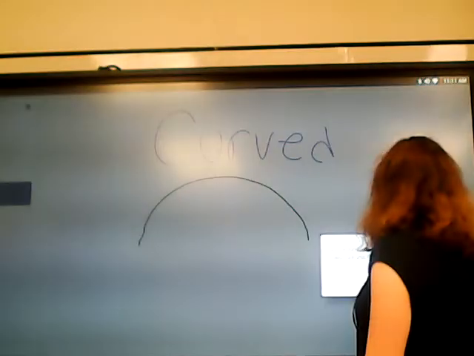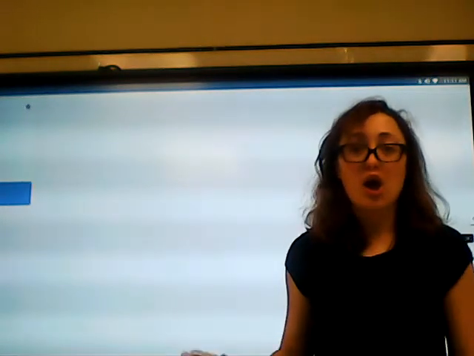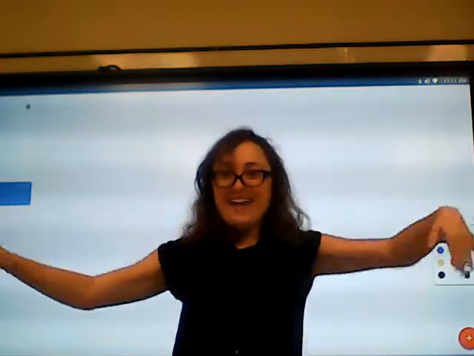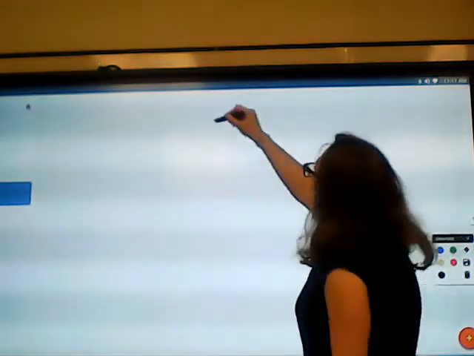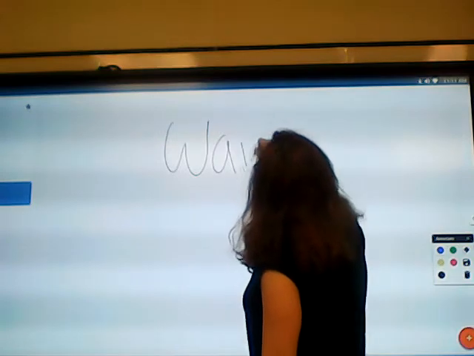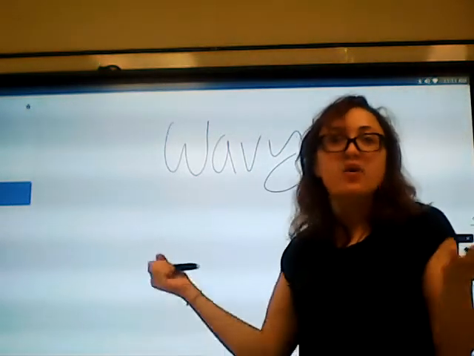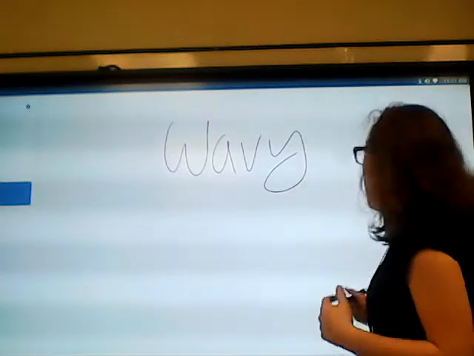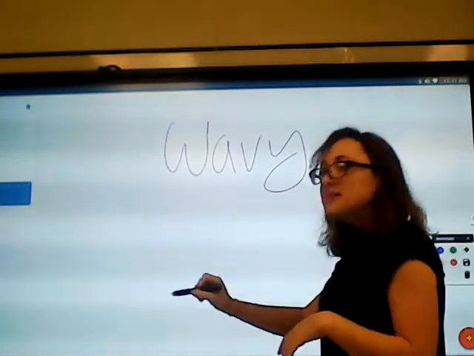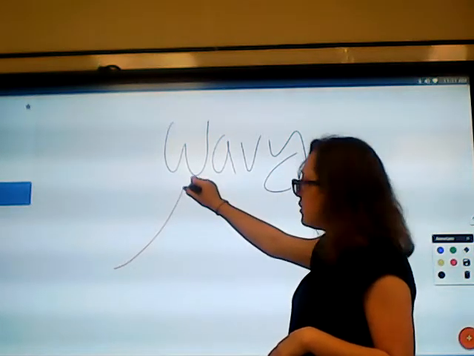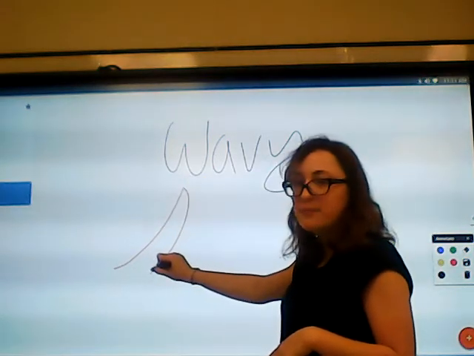Okay. Now we're going to make a wavy line. A wavy line looks like the waves of an ocean. So what you're going to do with that is we are going to go up with it and then curve down.